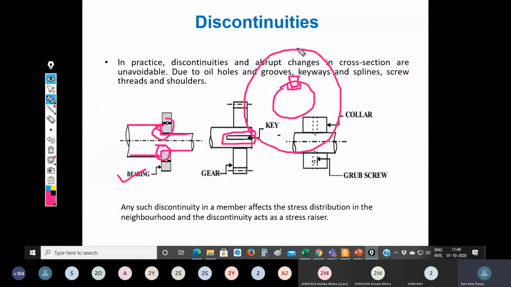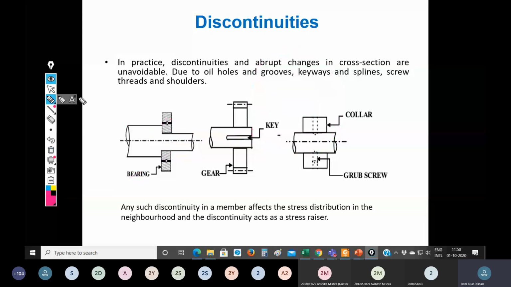Because you are creating keyways, keyways are creating discontinuity in the cross section of the shaft, and therefore you have stress concentration, right?